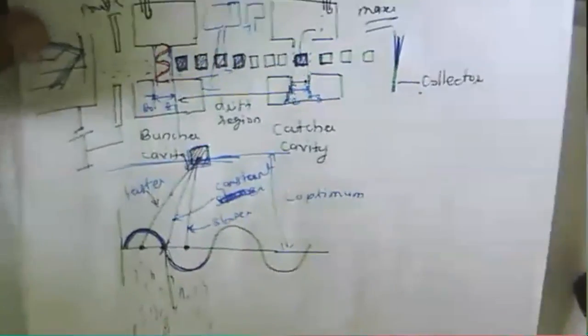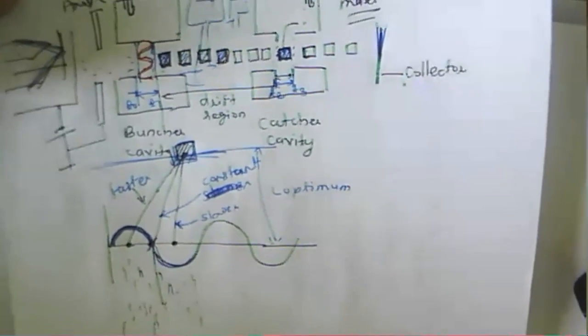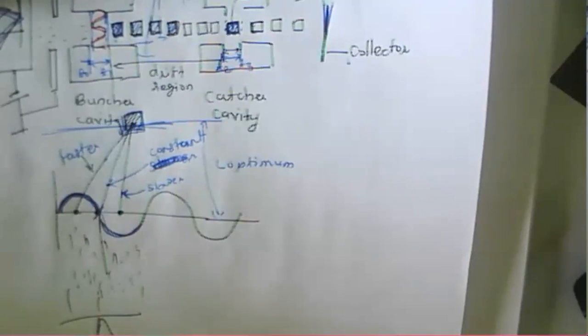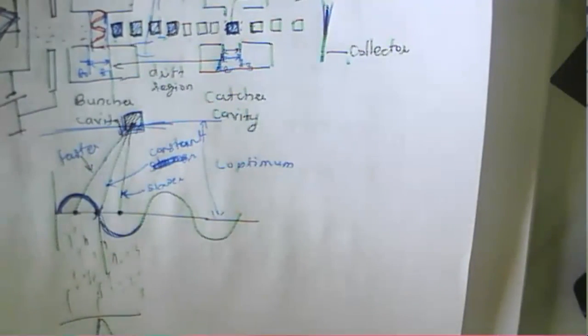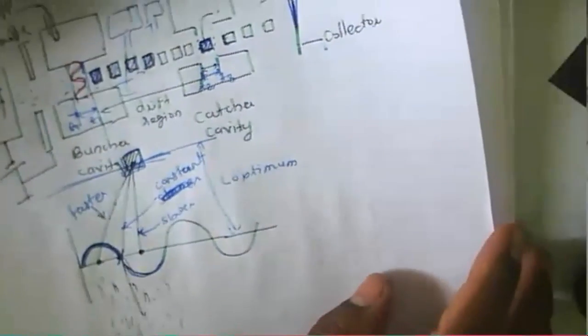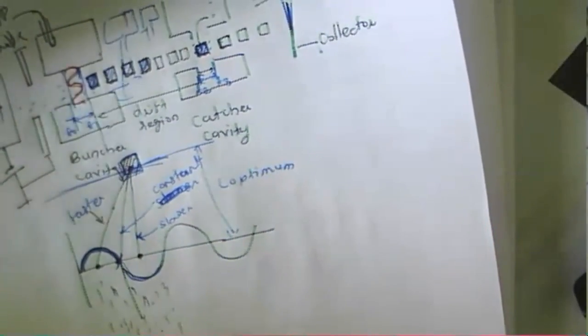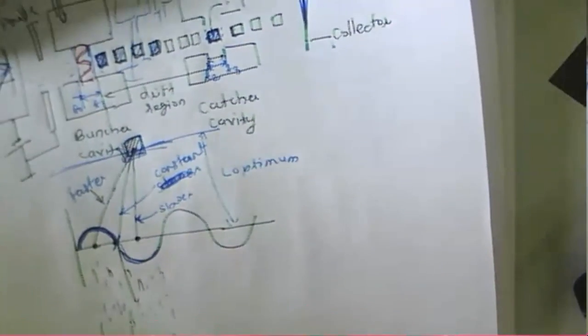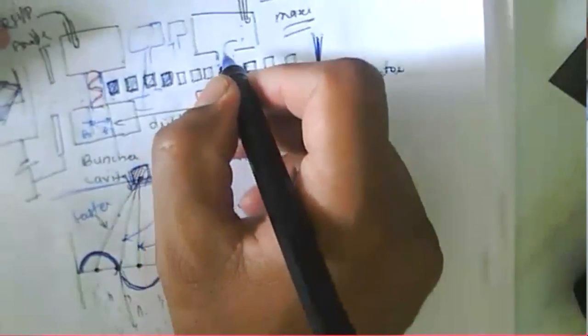Now we'll go ahead here. This is about your cavity. This one is about a slower electron and a faster electron, due to which a bunch formation takes place here. How does the current modulation happen? Because they are providing their kinetic energy to the RF field.